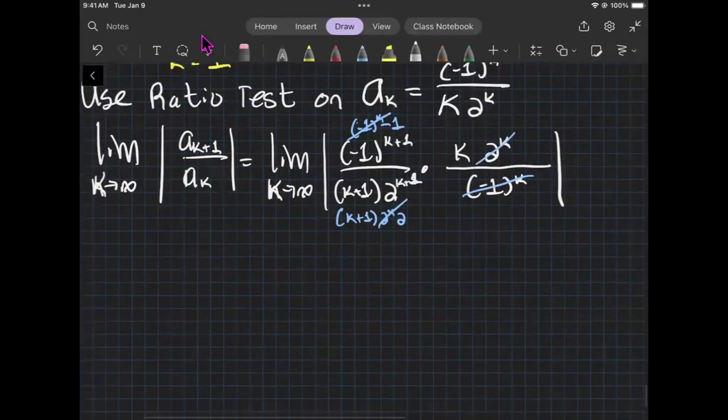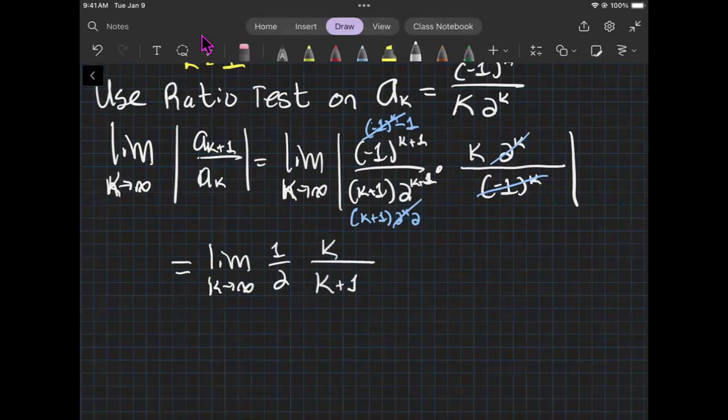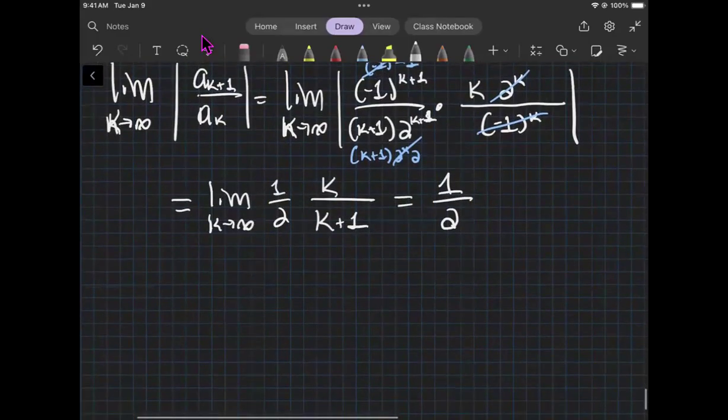And since you're looking at the absolute value of a number, the negative signs will go away. And so this would equal the limit as k goes to infinity of 1/2 times k over k plus 1. All right. And so this would equal 1/2.